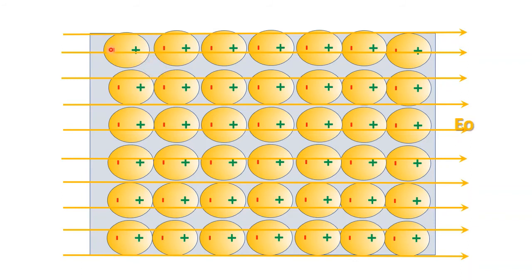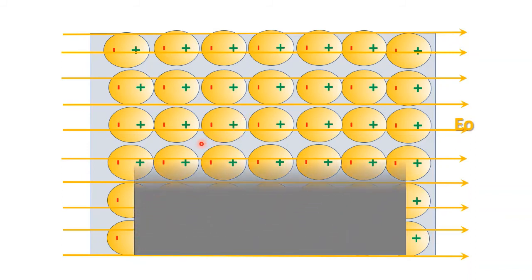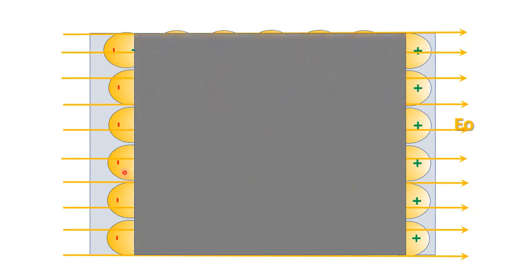However, at the surface of the dielectric normal to the electric field, there is evidently a net charge density. This side it is negative charge density. This side it is positive charge density. The unbalanced charges are the induced charge due to the external field. Thus, the polarized dielectric is equivalent to two charged surfaces with the induced surface charge densities.